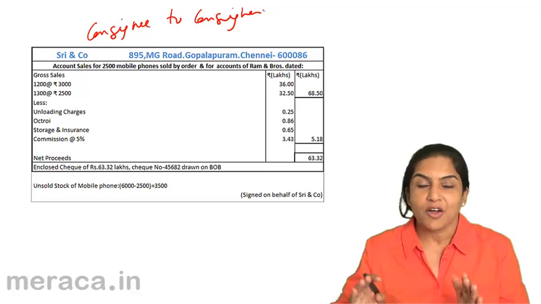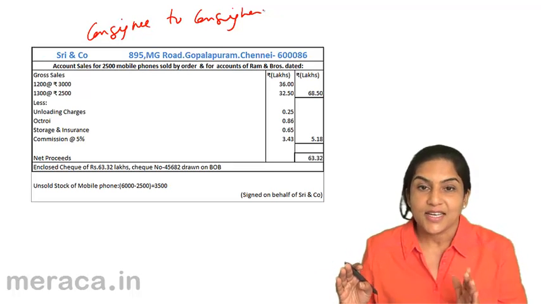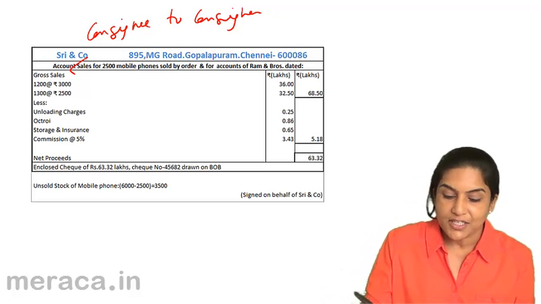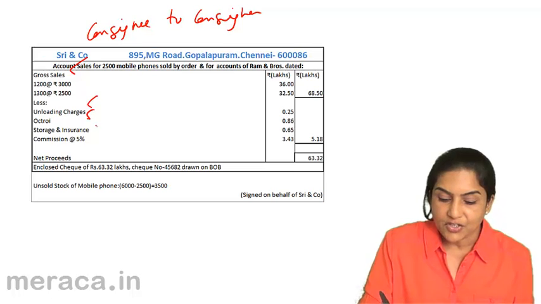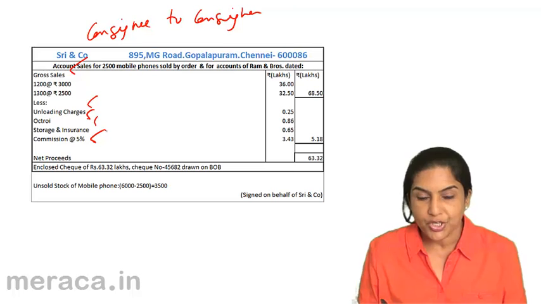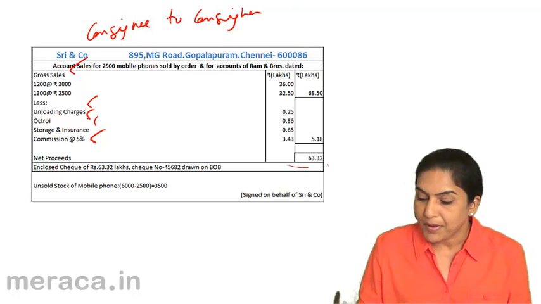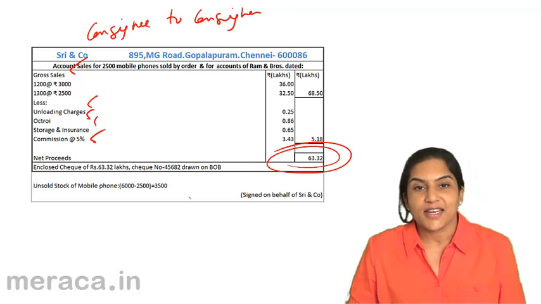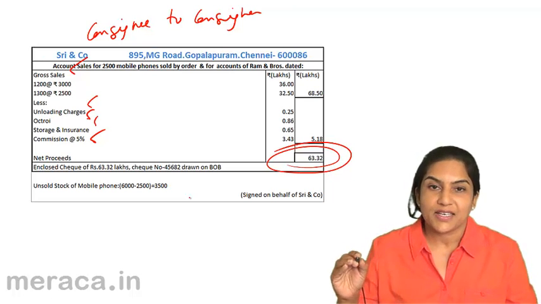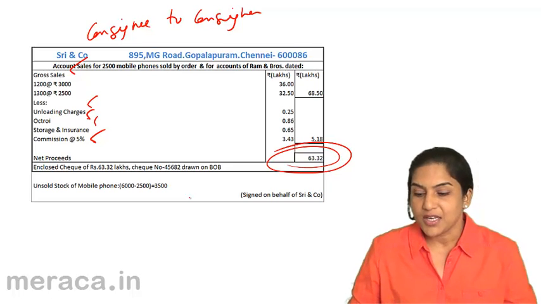The consignee, after effecting sales, sends an account sales, a statement containing the details of the sales made, the expenses paid, the commission due, and therefore what may be the balance that the consignee owes to the consignor, since goods are sold by the consignee on behalf of the consignor.